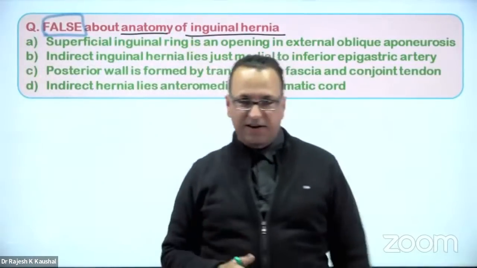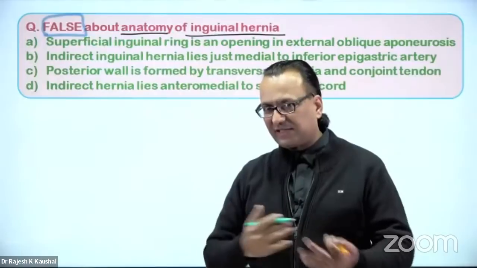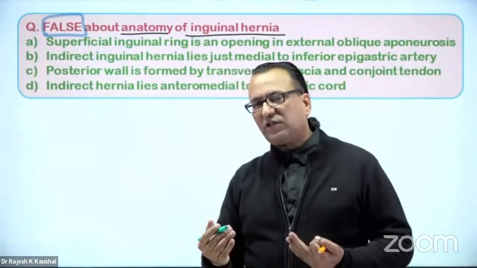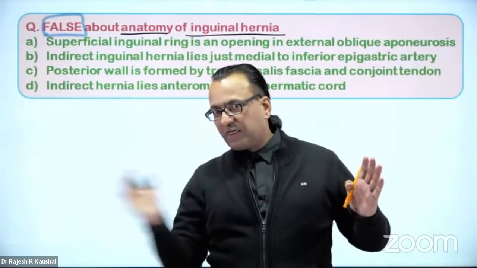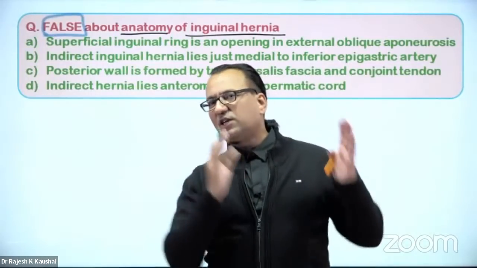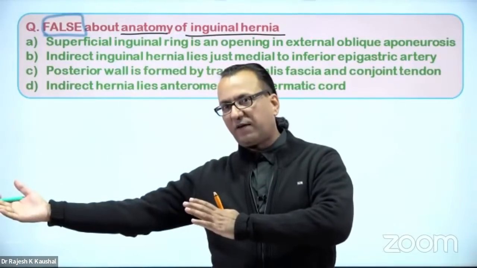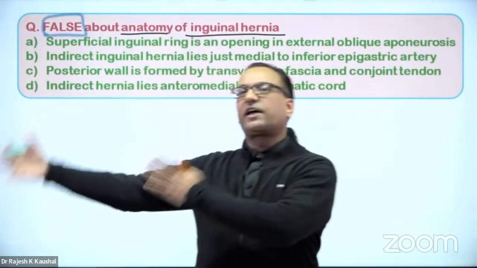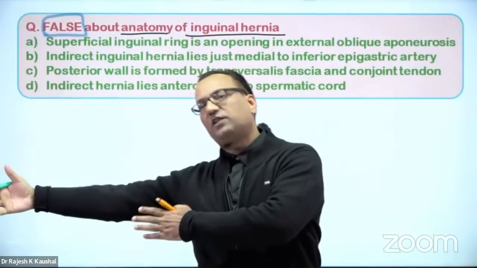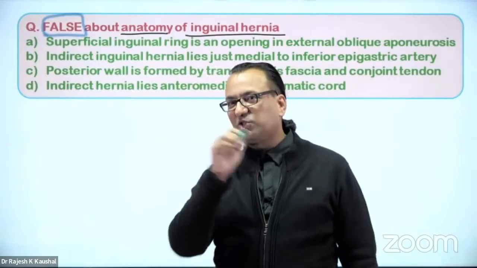Though a hernia goes in the territory of surgery, it is kind of a gray area between anatomy and surgery. The surgeon will not teach that anatomy part, which he thinks the anatomy faculty would have taken care of. And the anatomy faculty will not teach the gray area because he will think that the surgeon will take care of that anatomy. So that gray area is where the questions come.